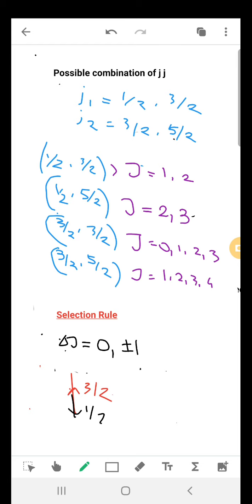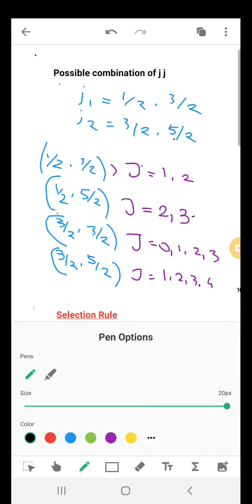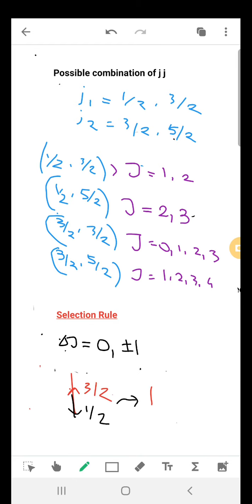This is 1 by 2, so the total that is left is only this amount, so that is again 1.